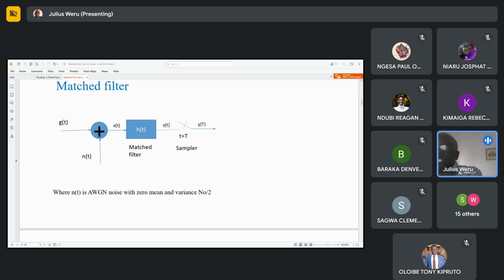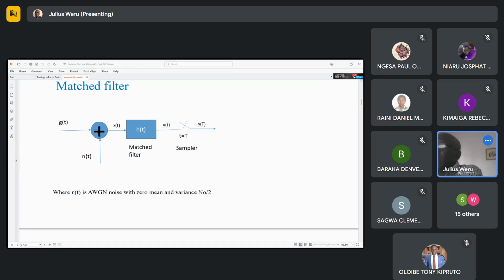For example, it can also be radar. So you know the waveform you have sent, so you know what you're expecting back. But even then, it's a communication system, so you know what was sent at the other end.